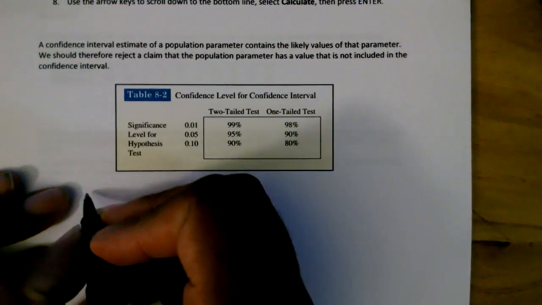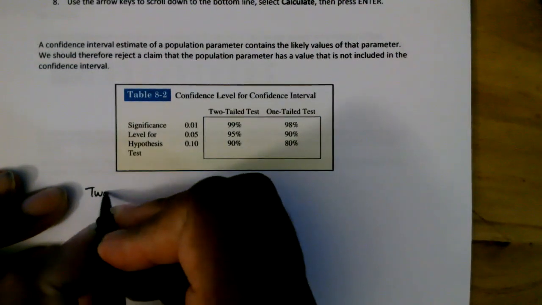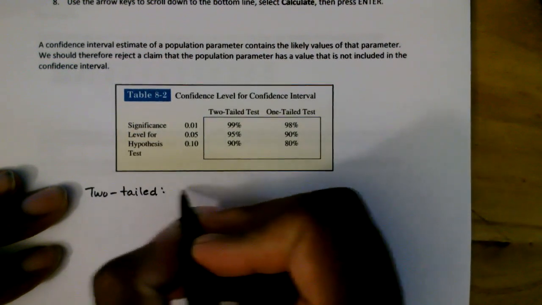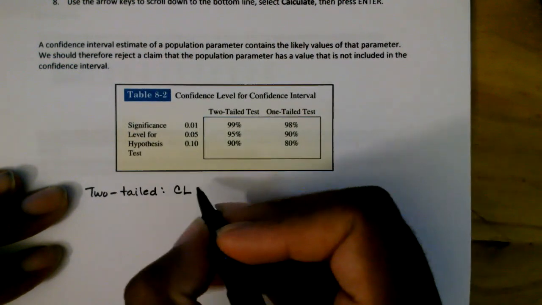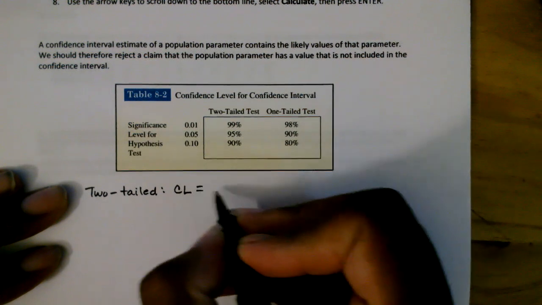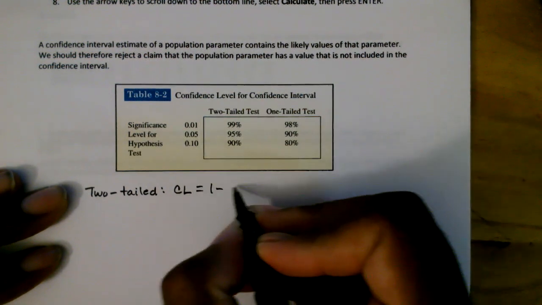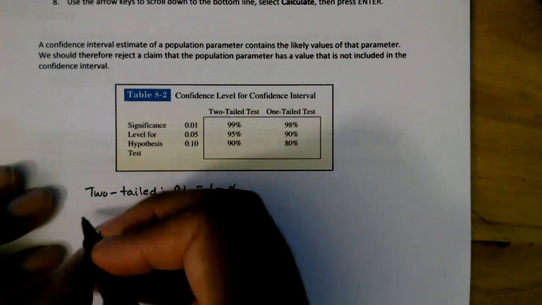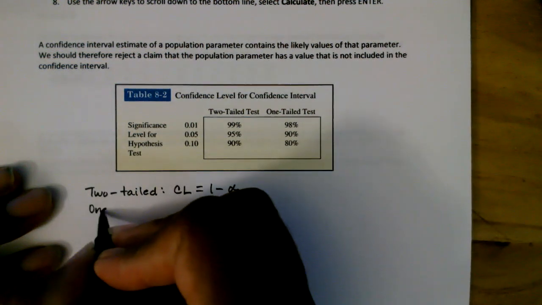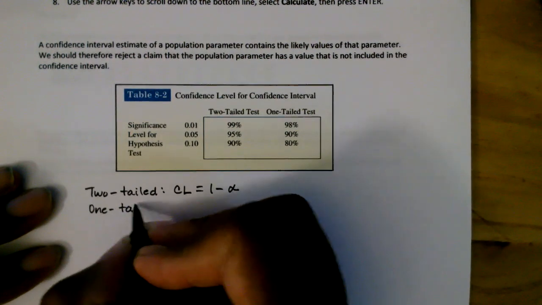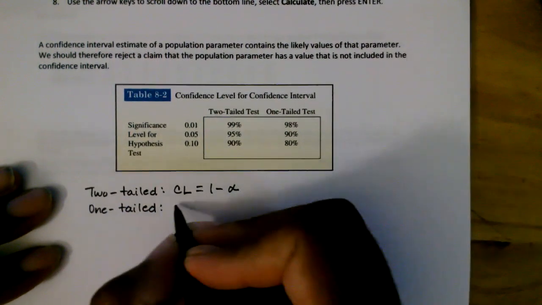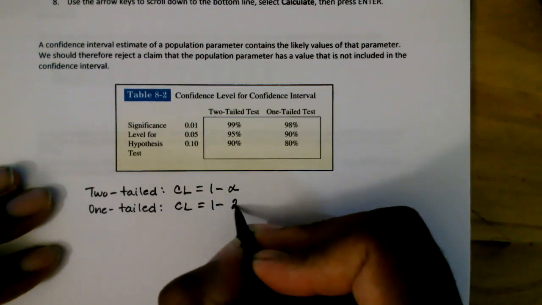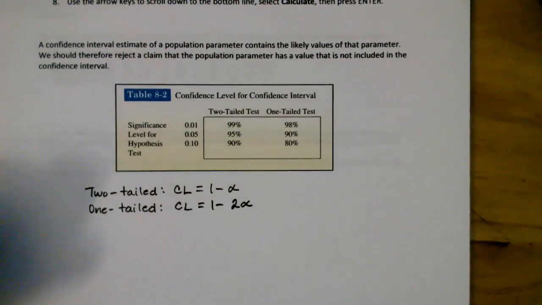So in other words, if you have a two-tailed test, that means your confidence level, which I'm going to abbreviate CL, is going to be equal to 1 minus whatever that alpha level is. But for a one-tailed test, whether it's left-tailed or right-tailed, your confidence level would be 1 minus 2 times the alpha level.